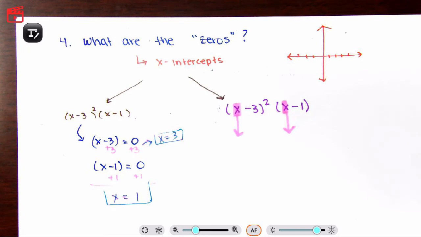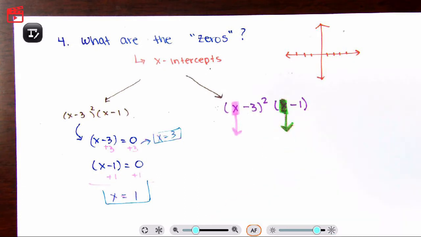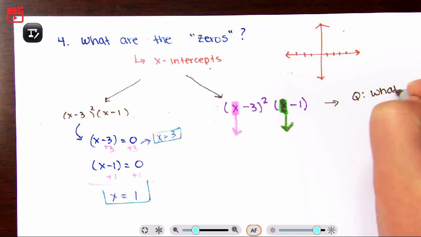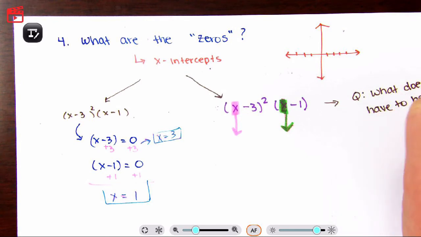Let me change the color so you know that I'm asking this question many times. And let's write out that question. What does x have to be for the bubble to be 0?